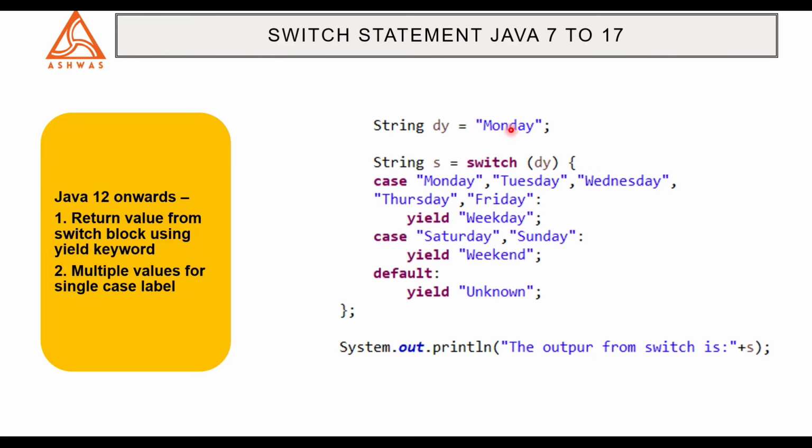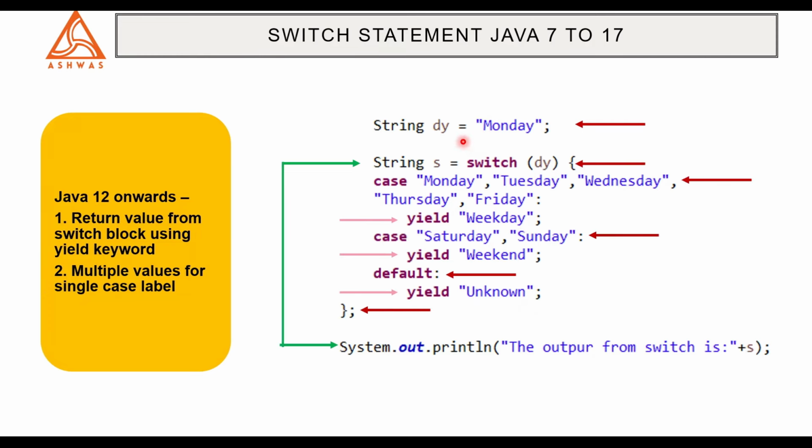I'm passing some value to the switch expression. It is finding a matching case if at all. If it finds a matching case, it sends that return value in the yield. If it does not, it executes the default case, sends unknown, and ends with a semicolon.